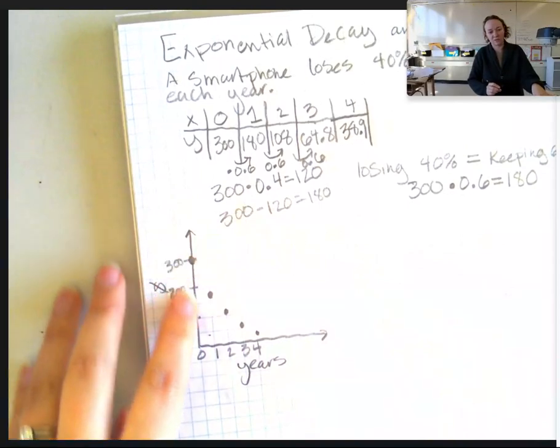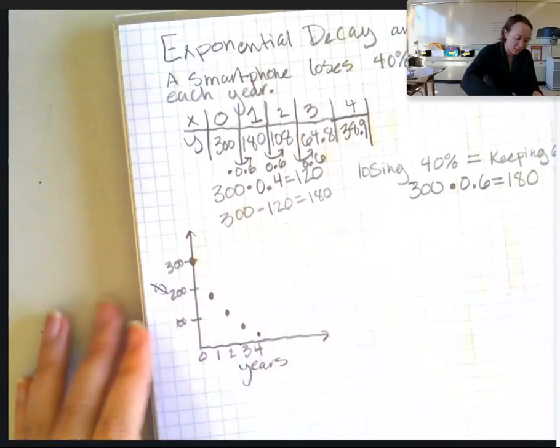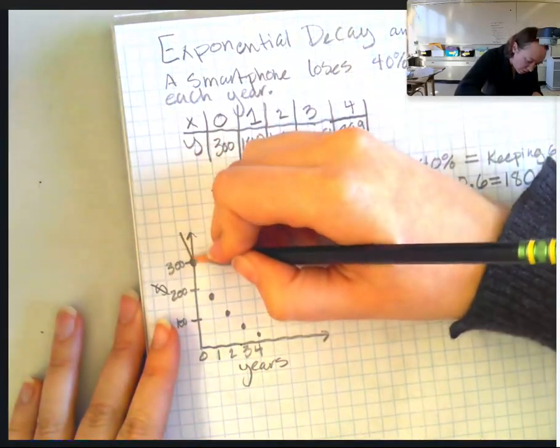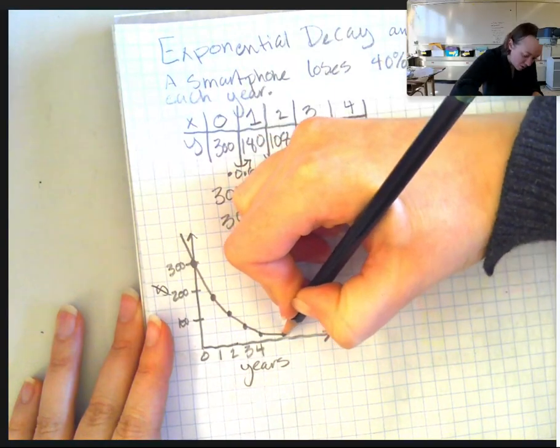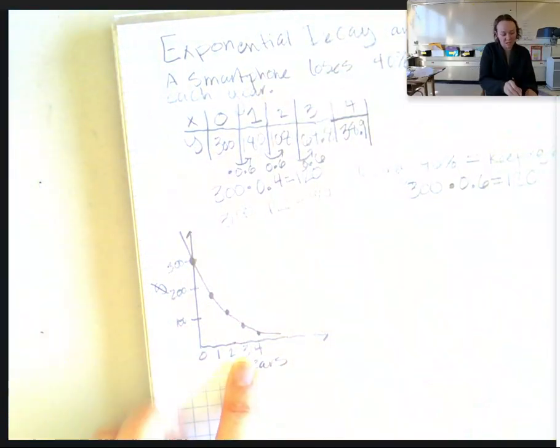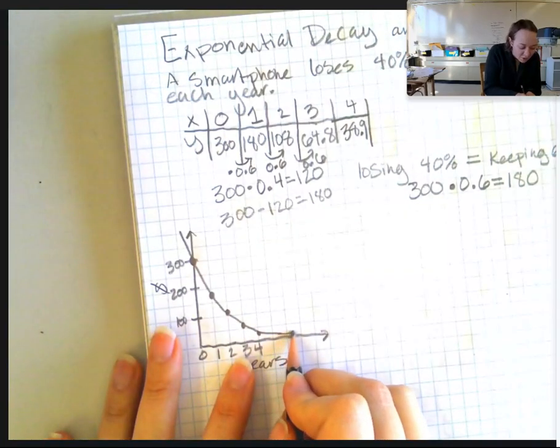We can see how it's kind of curving as it goes down. So we can draw this in like so to show that it is making an exponential decay curve.